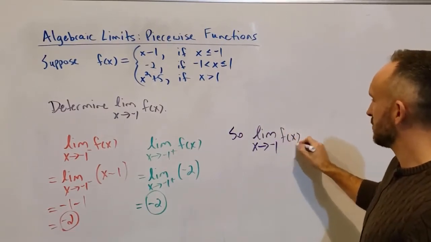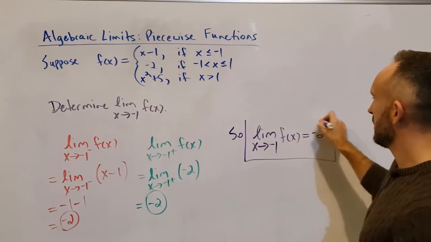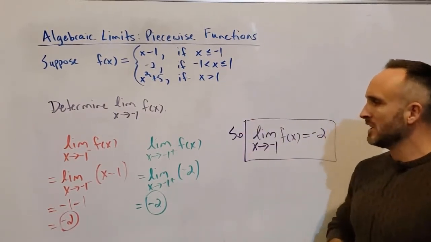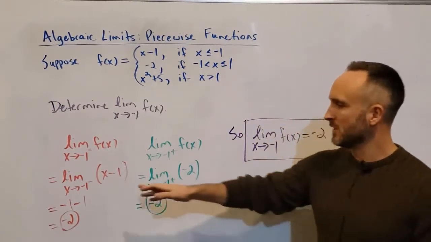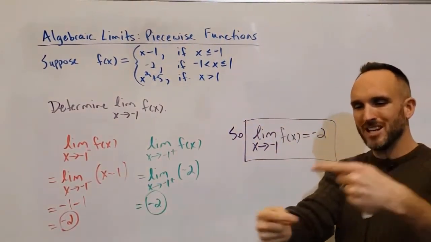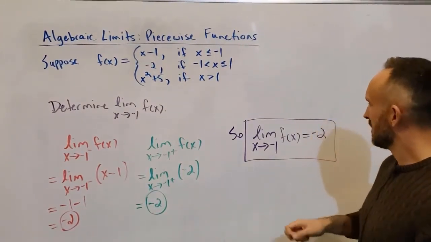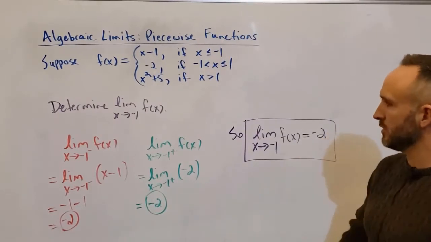So the limit as x approaches -1 from both sides is -2. Now, if these happened to be different outputs, different limits, then the two-sided limit wouldn't exist because they wouldn't meet up at the same value. Okay? So the two-sided limit at -1 is -2.